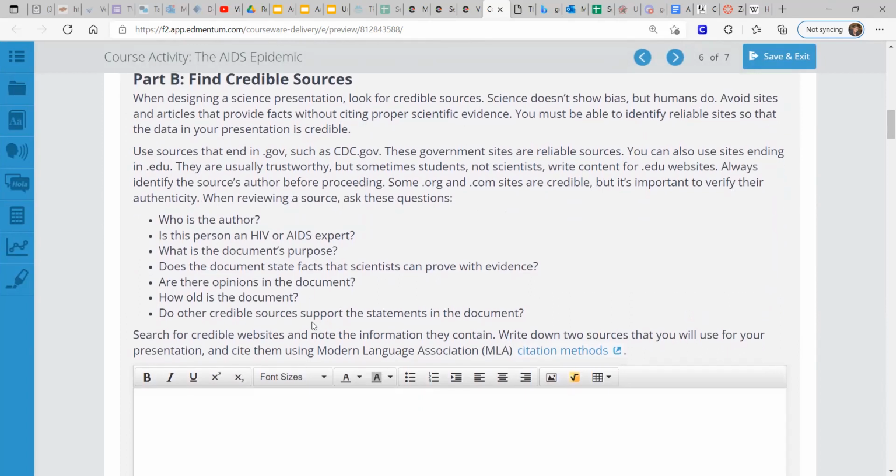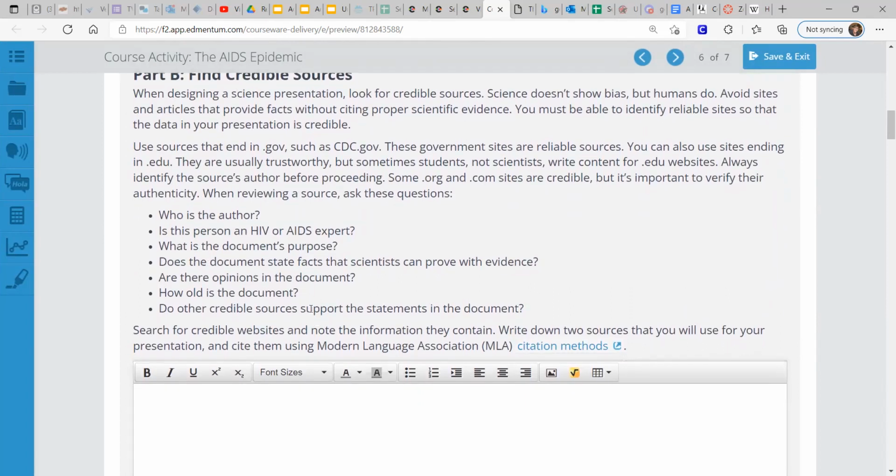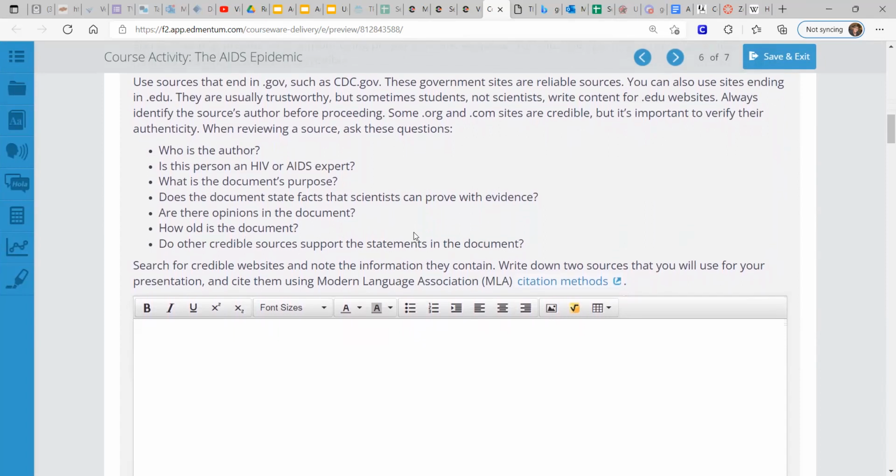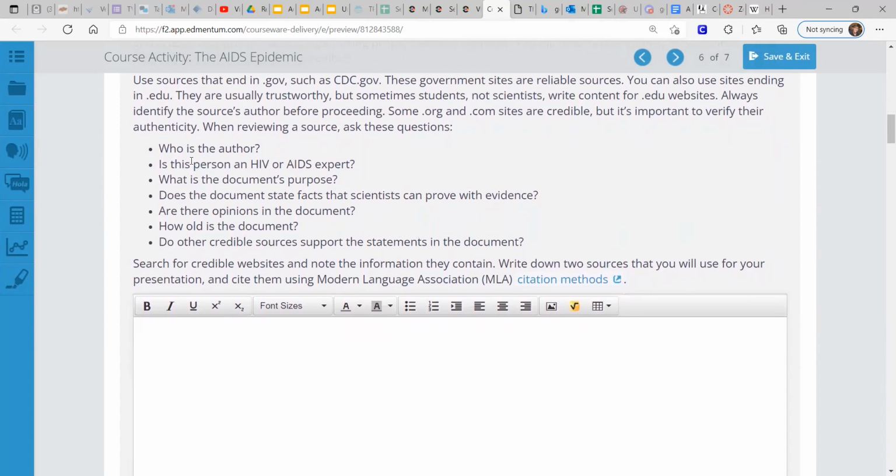Part B is about finding credible sources. And you want to use the sources that end in .gov, .org, .edu, and avoid places with lots of advertisements. So who's the author? Is this person an expert in the field? What is the purpose of their research?